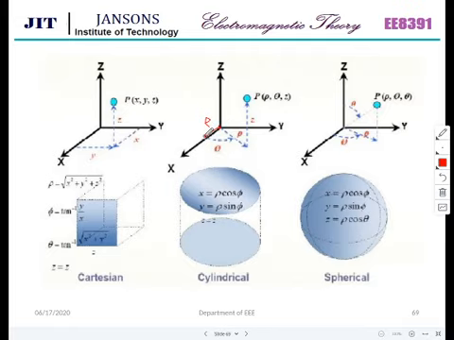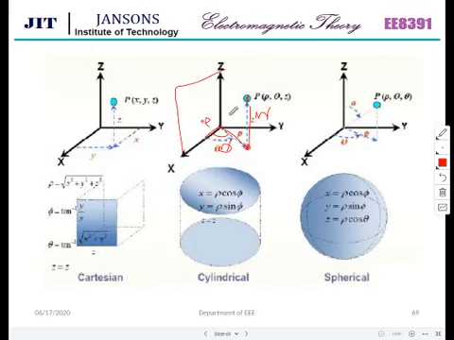Once that line is made, we rotate this line by an angle phi with respect to the xz plane. Then the location of the point will be here. Then lift it upwards by z distance, and we will get the same point.